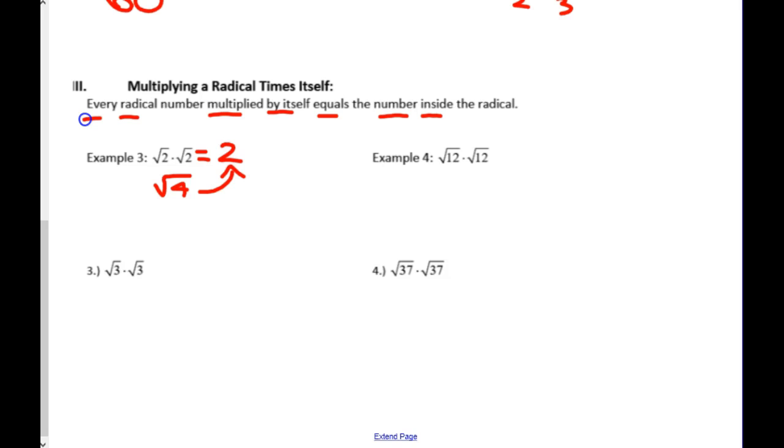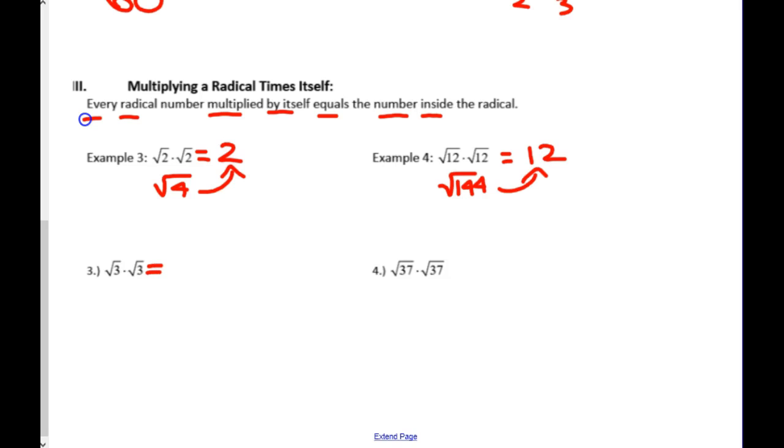So what do you think square root of 12 times square root of 12 is? Just 12. You could have thought, well, it gives me square root of 144. True, but guess what that is? 12. So I don't want you to multiply them and then make a factor tree. Here's the shortcut. Square root times itself removes the square root. So what's number 3 going to be?